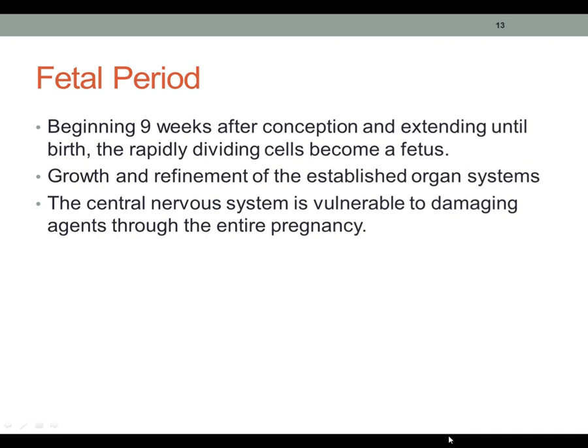Weeks 17 to 20, lanugo is present, and that's the hair that grows on the surface of the skin. Brown fat is being made, and brown fat produces heat that helps the baby maintain temperature after birth. So weeks 21 to 24, surfactant in the lungs begins, and that helps keep our lungs inflated once the baby's born.